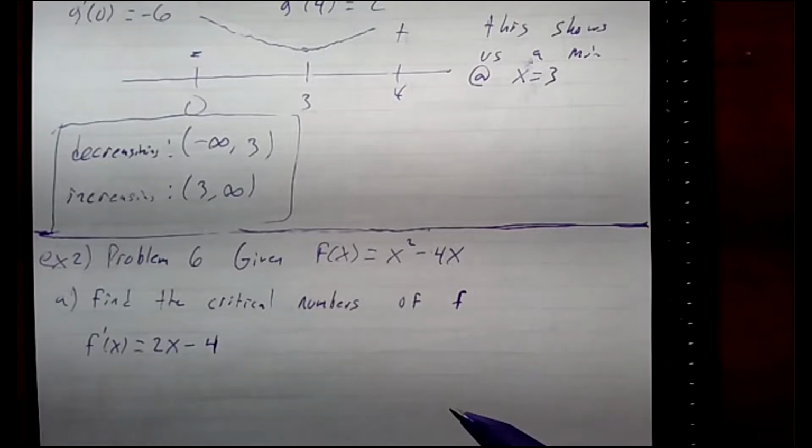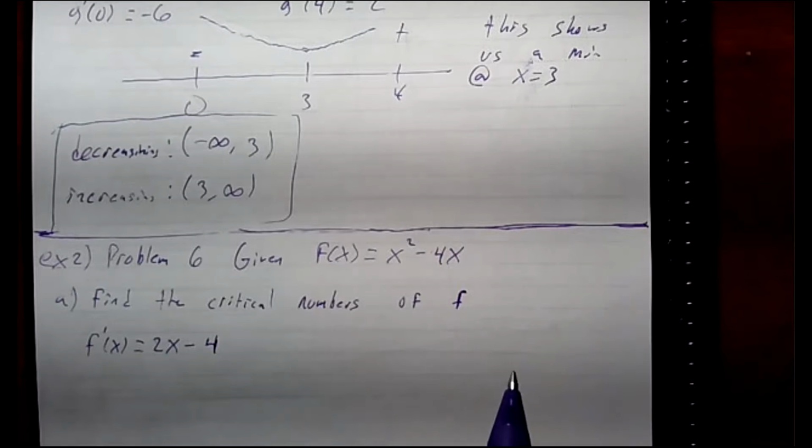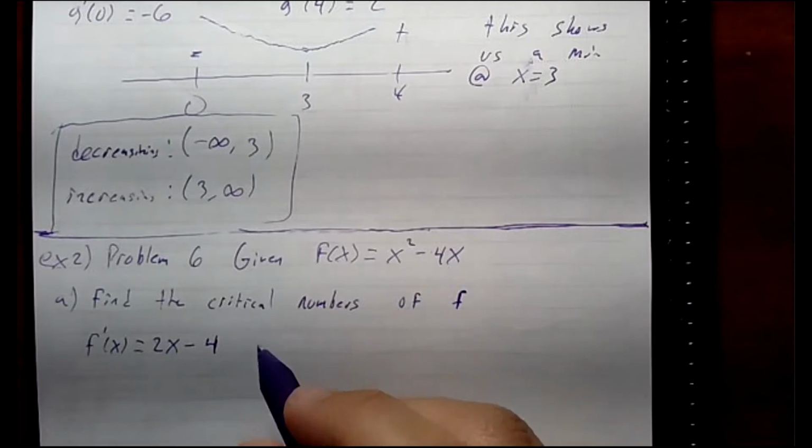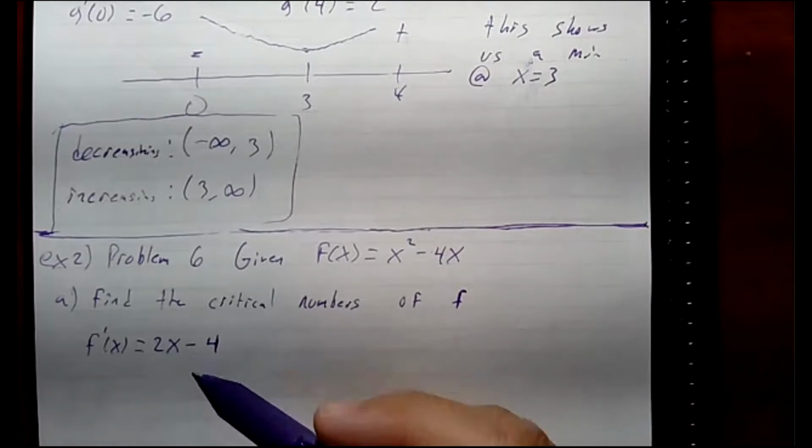So this one will do everything. We'll do the maximum, minimum, critical numbers, increasing, decreasing all together. So first thing we gotta do is find the critical numbers, right? In order to do so, you gotta find the derivative and set it to 0.